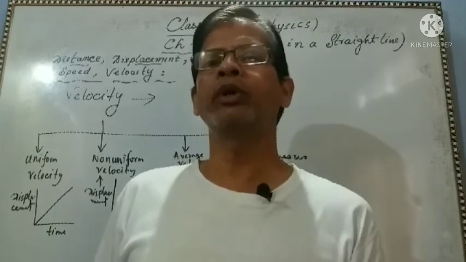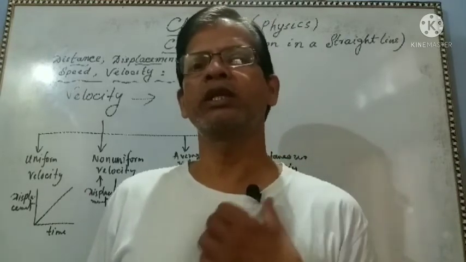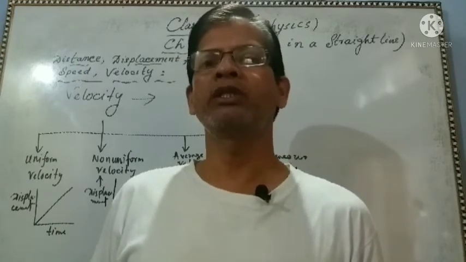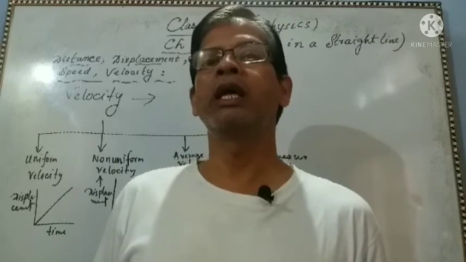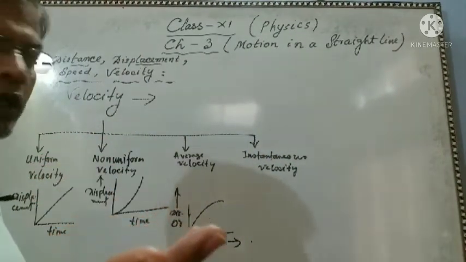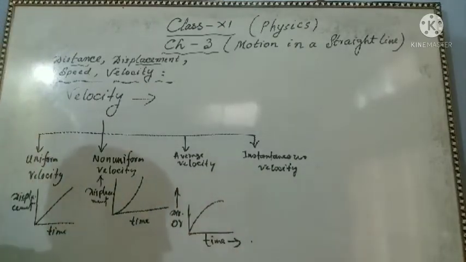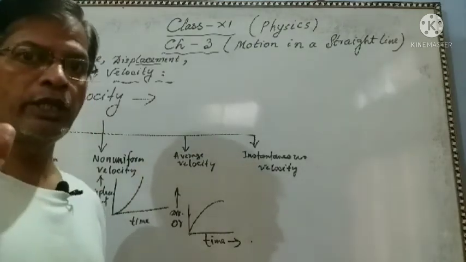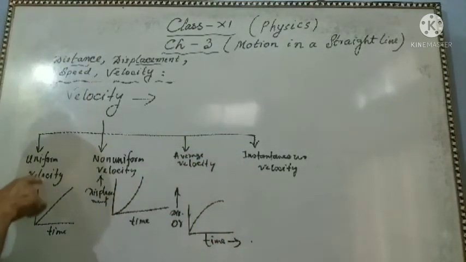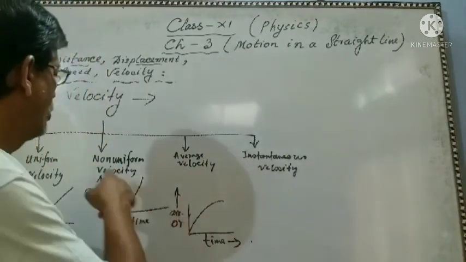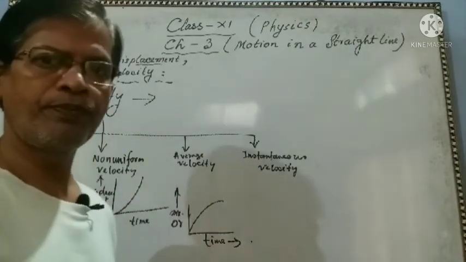Non-uniform motion: if a body covers equal distance in a definite direction in unequal intervals of time. So uniform speed, uniform motion and uniform velocity are the same. Non-uniform motion and non-uniform velocity are the same. Clear?